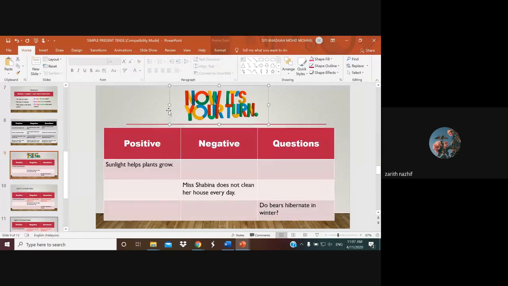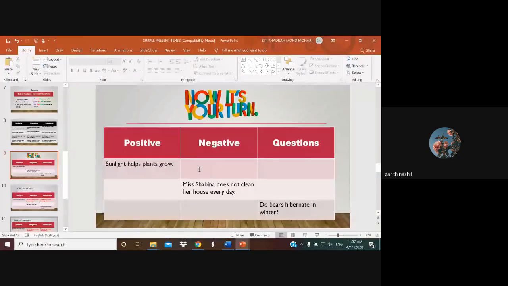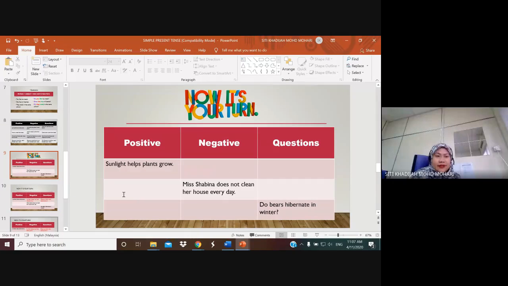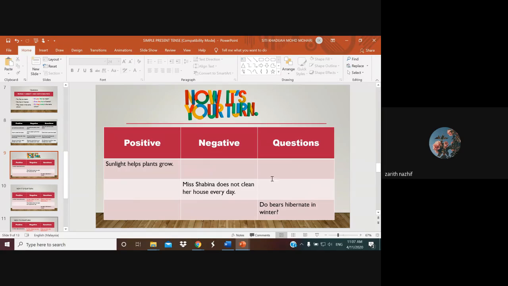Sunlight helps plants. Negative: sunlight doesn't help plants grow. Very good. And then question. Do sunlight help plants grow?